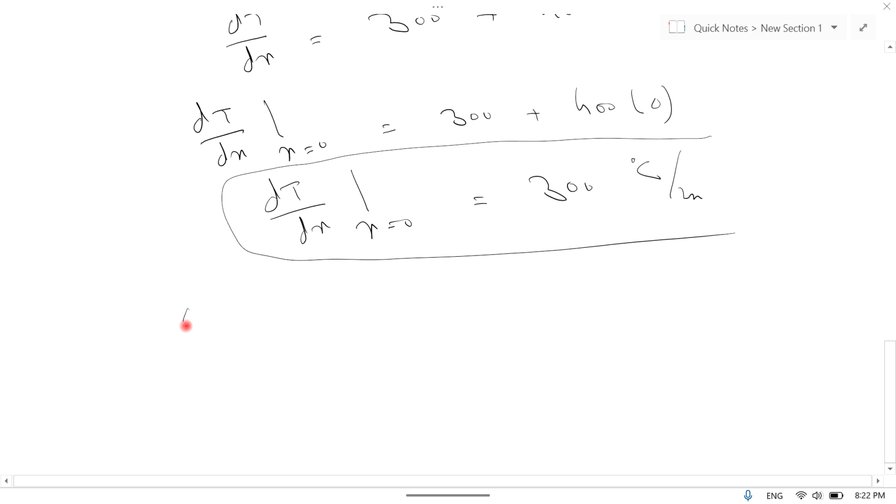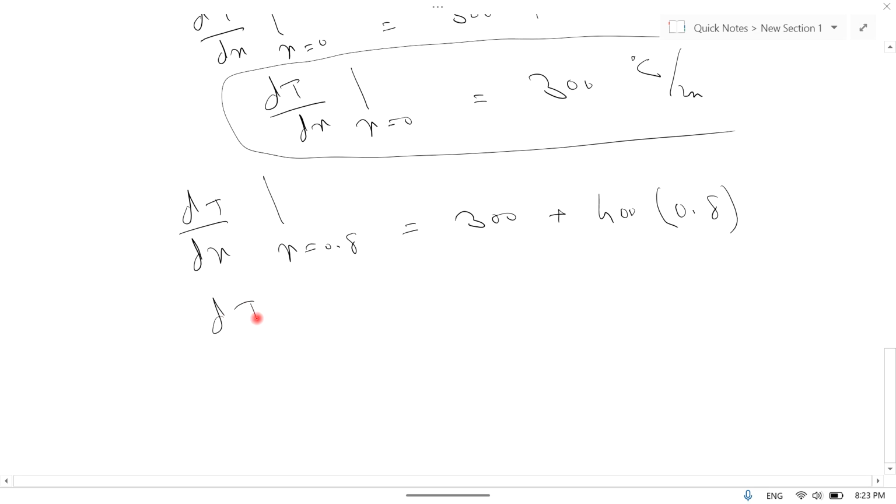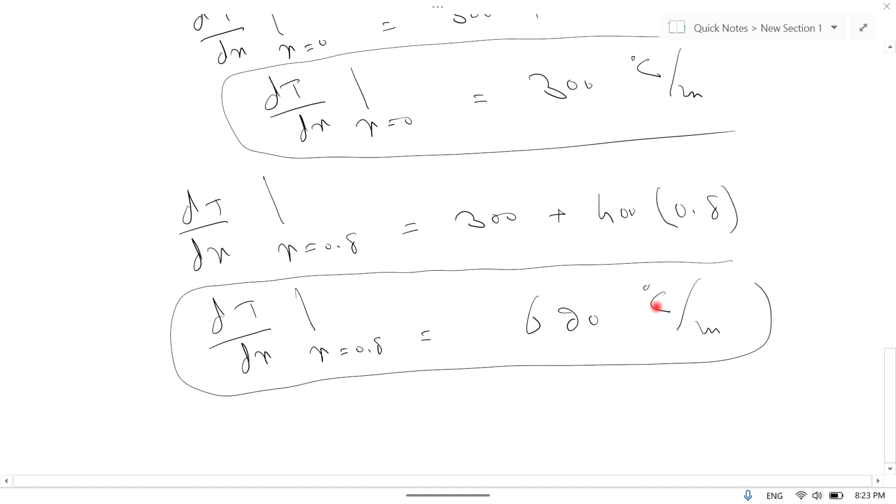Similarly, the total thickness of the wall is 0.8 meter, so dT by dx at x is equal to 0.8 is 400 multiplied by 0.8 plus 300, which is equal to 620 degree centigrade per meter. This is a change, so degree centigrade and Kelvin are equal.